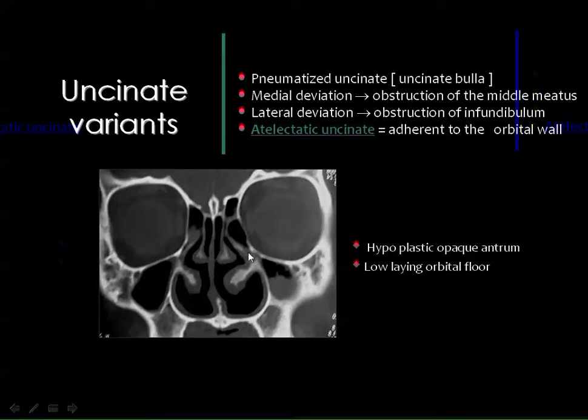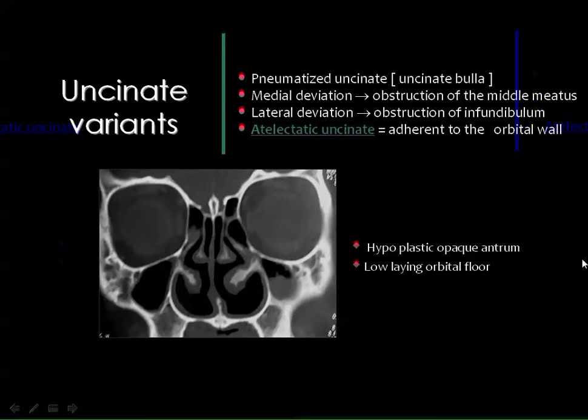The uncinate process, similar to any part of the bony outline of the paranasal sinuses and the nasal fossa, can be pneumatized. Then medial deviation of the uncinate process will result in obstruction of the antral drainage. Lateral deviation of the uncinate process will result in obstruction of the middle fossa.